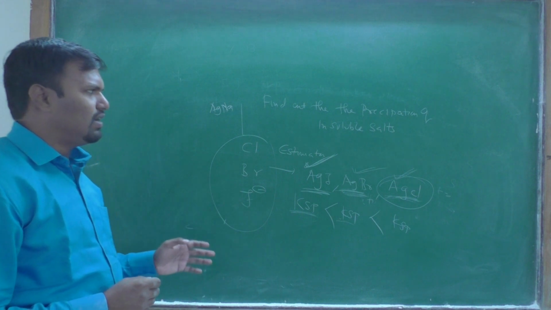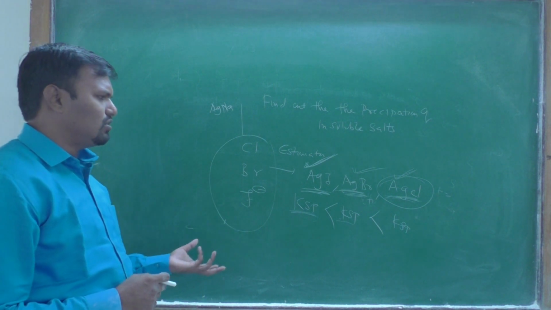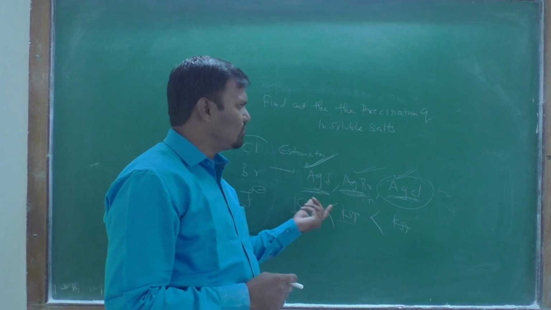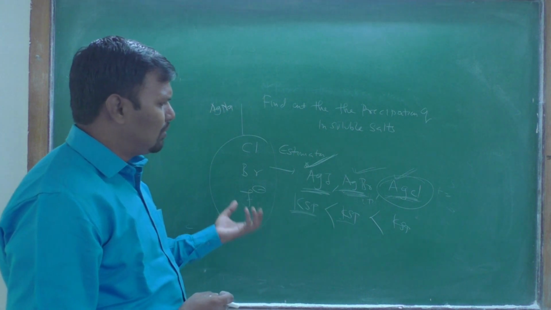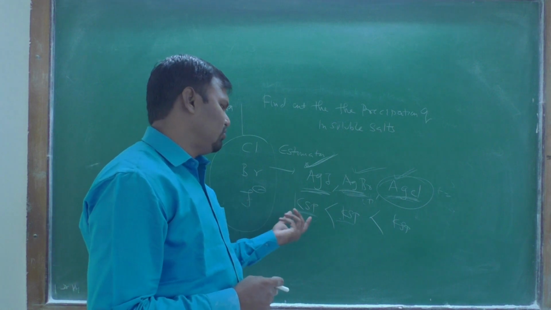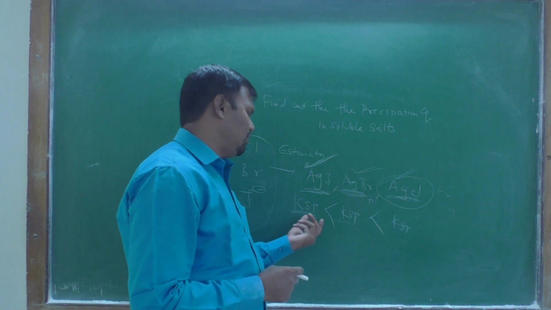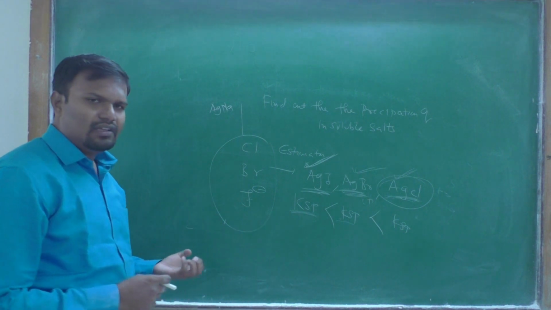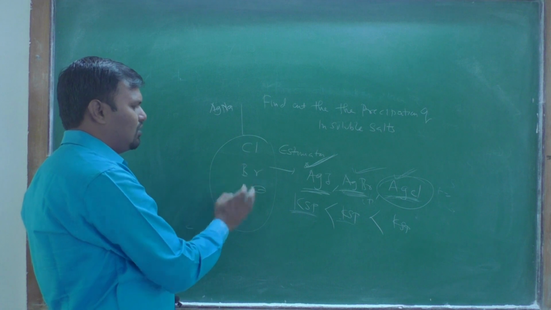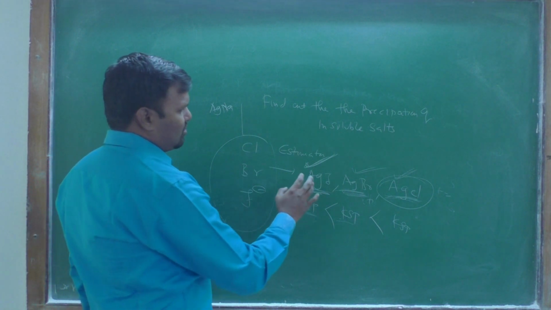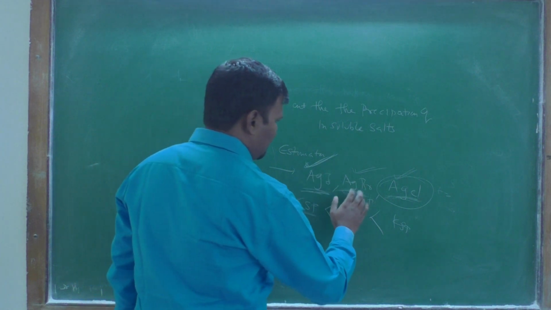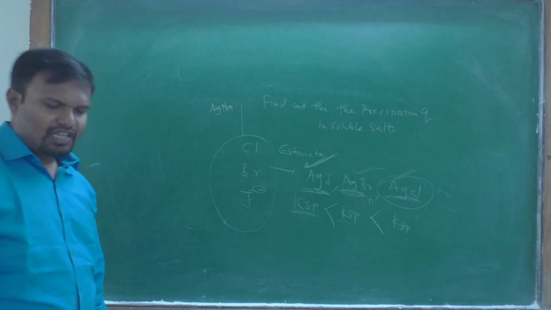Okay, in that way we can find out which insoluble salt appears first, which gives the PPT first, by using this relation: the one having the lower solubility product appears first. Okay, when in the sample there are chloride, bromide and iodide, AgI appears first and gives the first PPT, then you get the AgBr PPT, and then you obtain the AgCl PPT.